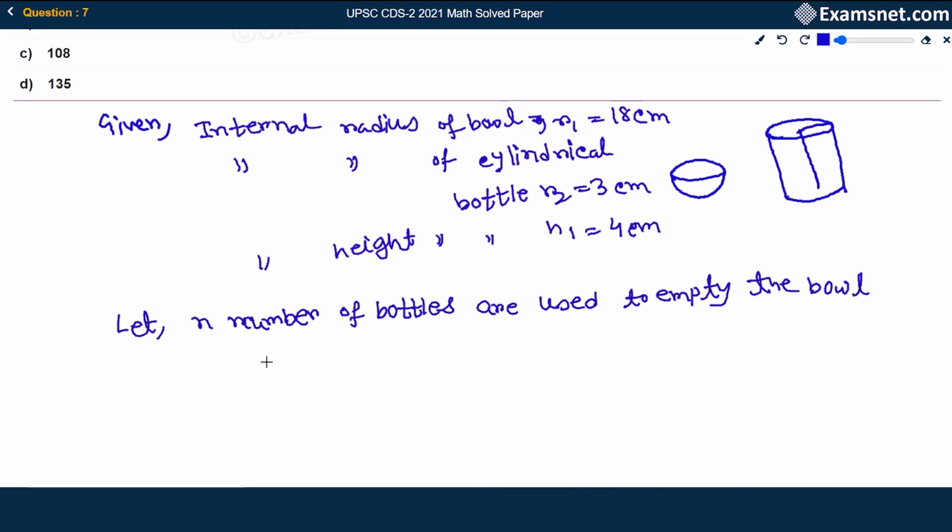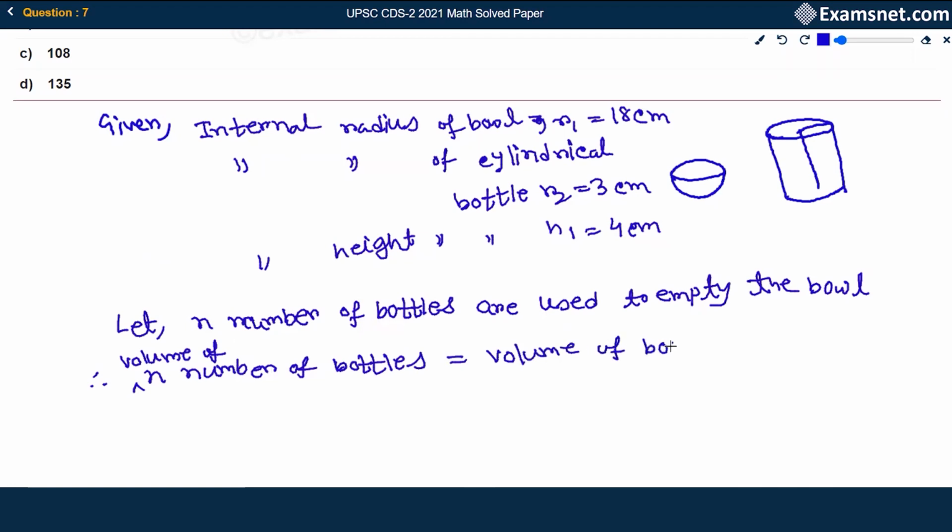That means the volume of n number of cylindrical bottles will be equal to the volume of the hemispherical bowl. Therefore, the volume of n number of bottles equals the volume of the bowl.